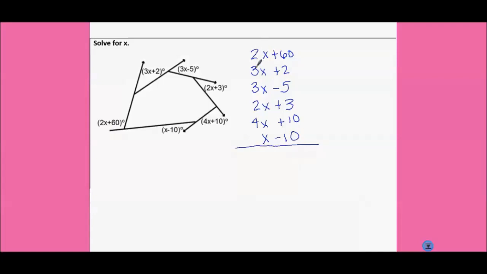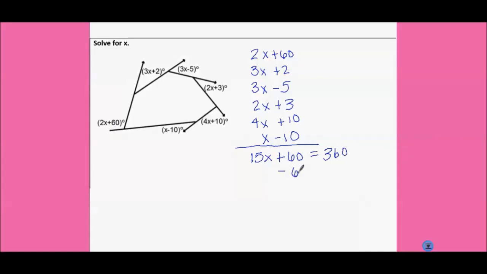So we have 2 plus 3, which is 5, plus 3 more is 8, plus 2 more is 10, plus 4 more is 14, plus 1 more, we have 15 x's. 60 plus 2 is 62, minus 5 is 57, plus 3 is 60, plus 10 is 70, minus 10 is 60, and we know that equals 360 degrees.